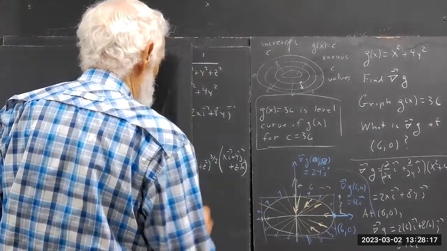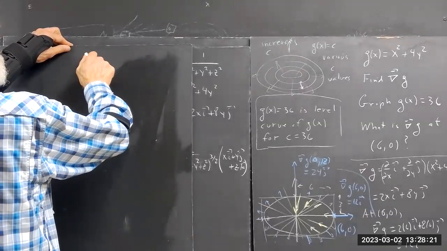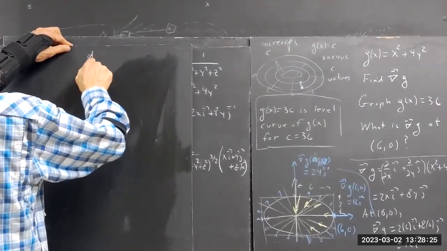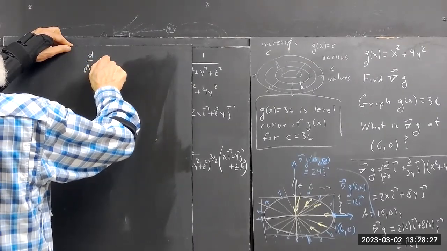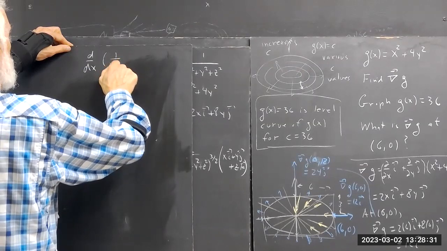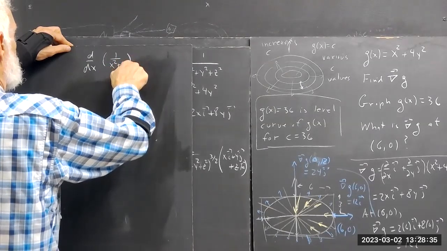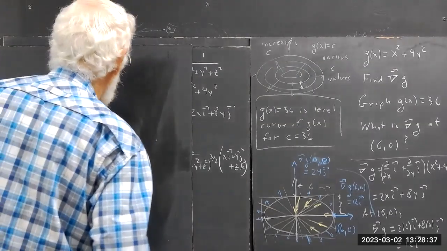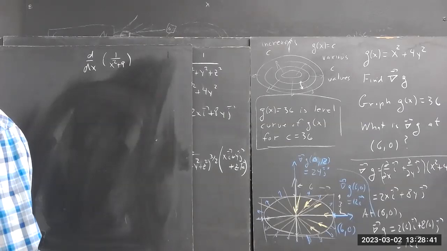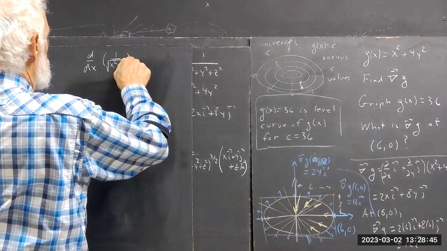First of all, the derivative with respect to x of 1 over the square root of x squared plus 9.